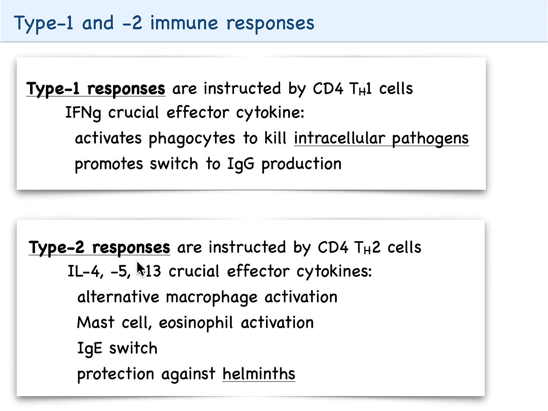On the other hand, type 2 responses are instructed by T helper 2 cells. They produce IL-4, IL-5, and IL-13 as crucial effector cytokines, and they help to activate macrophages into a tissue-regenerating phenotype. They activate mast cells and eosinophils, and they promote IgE switch to protect against helminths.